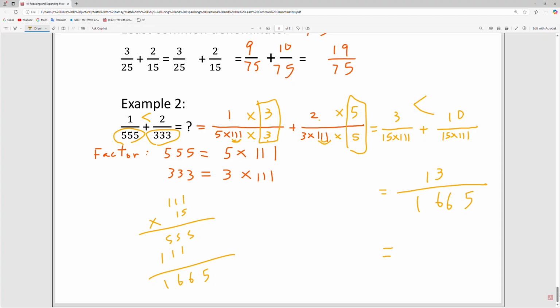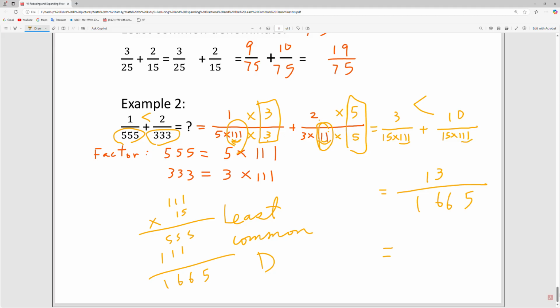Okay. Now the final word I want to tell you is, after I calculate, everything is correct, right? I found the least common denominator, because I don't multiply 111 two times. I only multiply 111 once.